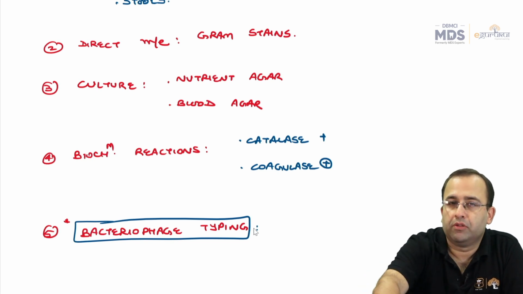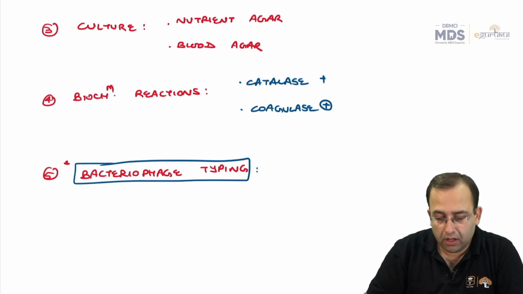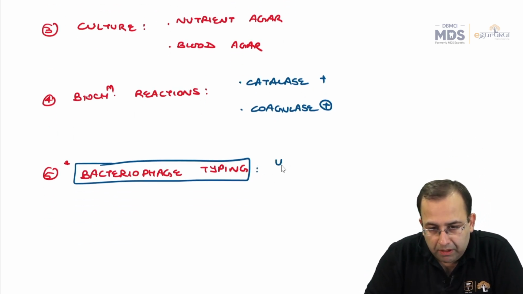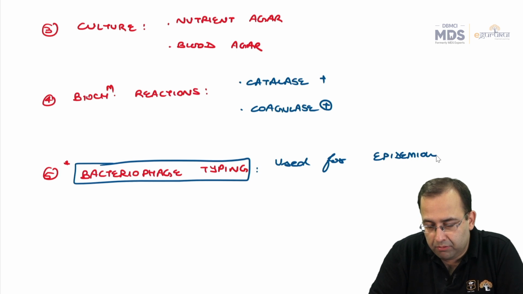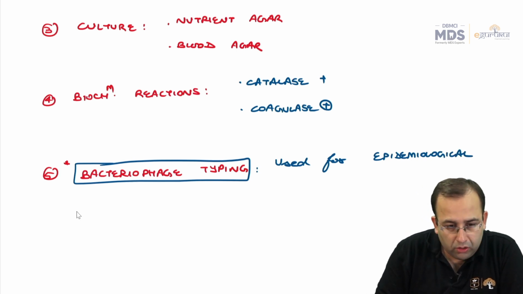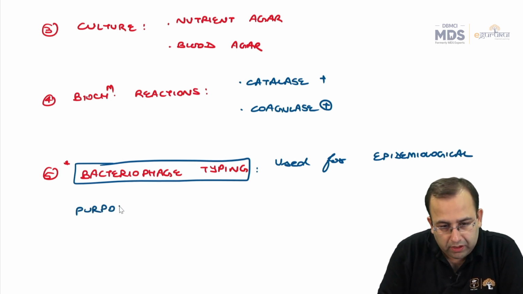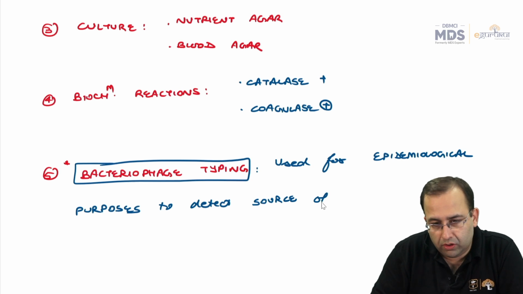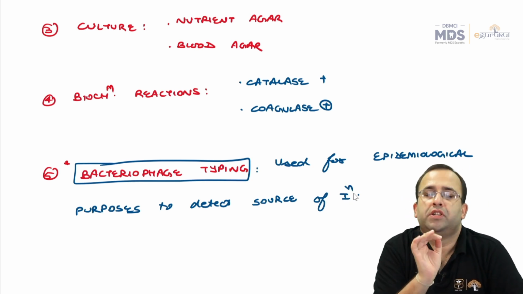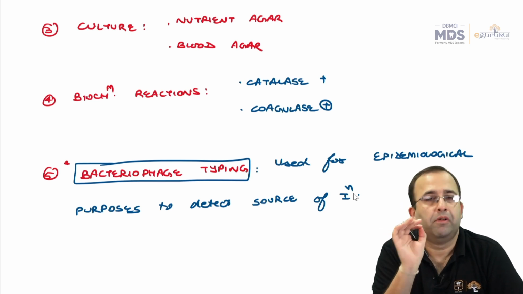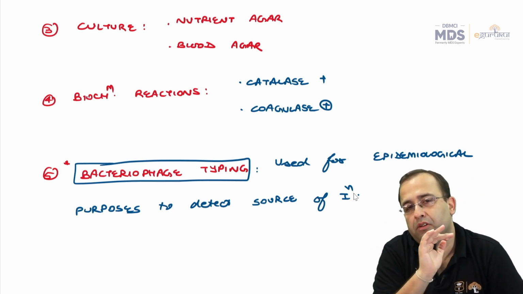Bacteriophage typing in Staphylococcus is used for epidemiological purposes, to detect the source of infection. A simple, straightforward written MCQ.